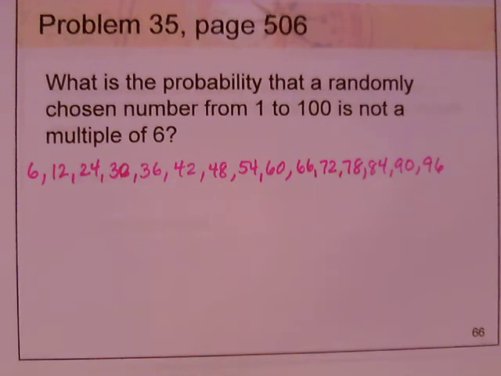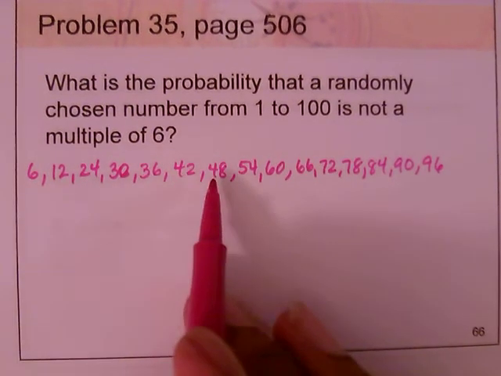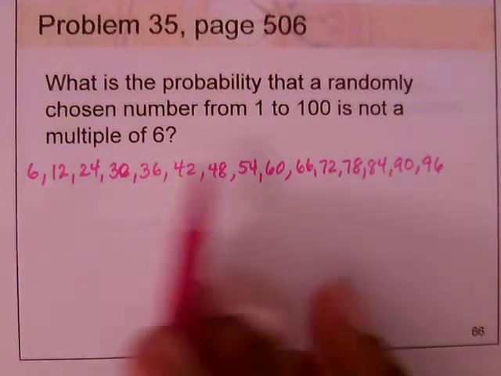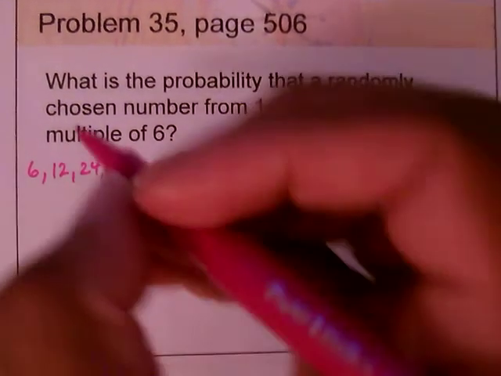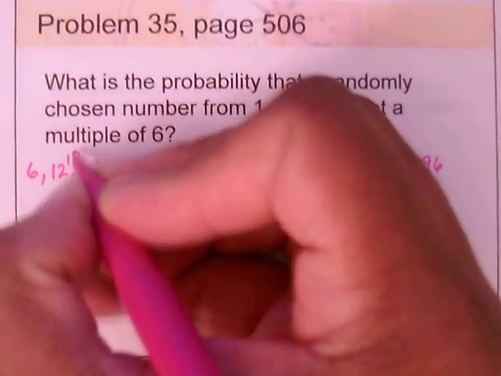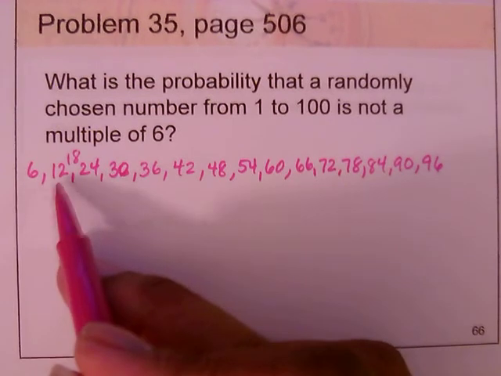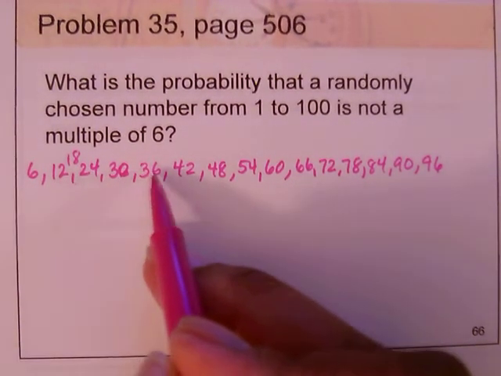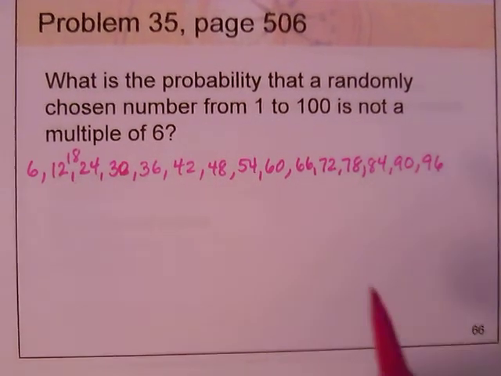If you count the multiples of 6, here we got 2, 4, 6, 8, 10, 12. Am I missing something here? I know, 18. That's a multiple of 6, so I'm missing 18, so it'll be 2, 4, 6, 8, 10, 12, 14, 16.